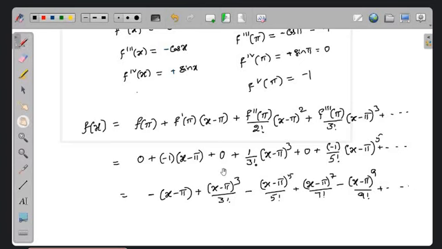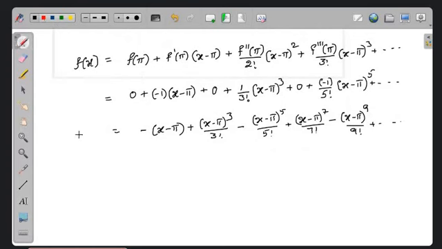And we can also write its nth term. What is the nth term? Therefore, this is the expansion of sin x about pi.